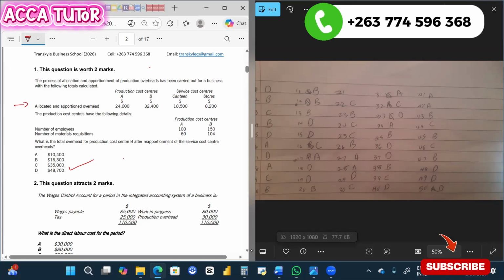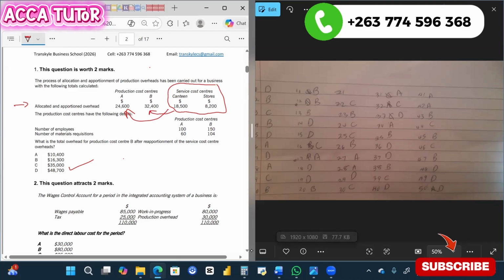Then number of materials requisitions, 16 in A, 104 in B. What is the total overhead for production cost center B after reapportionment of the sales cost center overhead? So we are told that the sales cost centers are the cost to be reapportioned to these two departments.